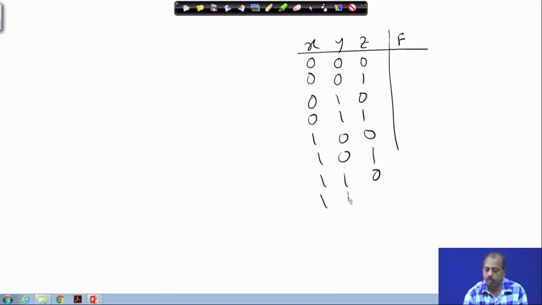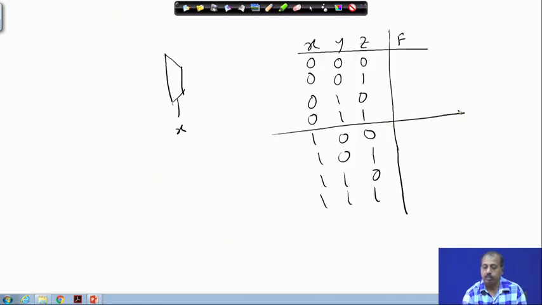This is the truth table. If I have a 2-to-1 multiplexer here and x is fed as the control input, then we divide this truth table into 2 parts: x equal to 0 and x equal to 1.